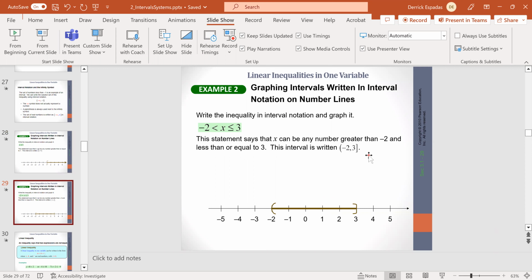So this is really where we start getting to inequalities. So in this case, it's -2 is less than x. And remember, x just stands for like we don't know, or it can be multiple things. X is just there. And x is less than or equal to 3.